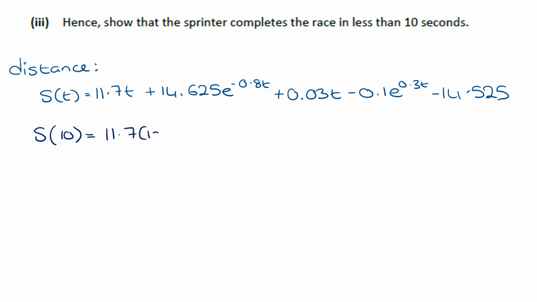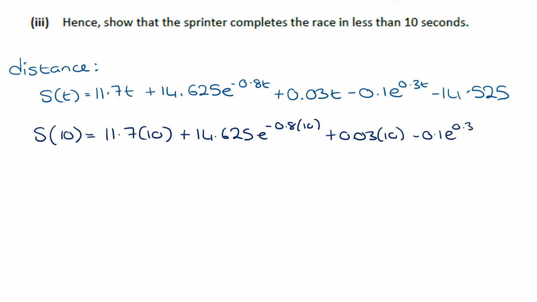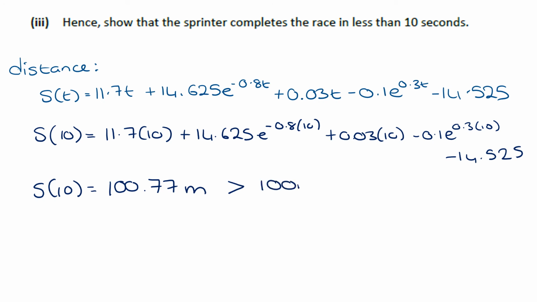So I'm going to sub in 10 everywhere we have a t, so 14.625 e to the power minus 0.8 times 10 plus 0.03 by 10 minus 0.1 e to the power 0.3 by 10 minus 14.525, and I figure out the distance that a sprinter runs according to that formula in 10 seconds is 100.77 meters, which is greater than the 100 meters of the race.